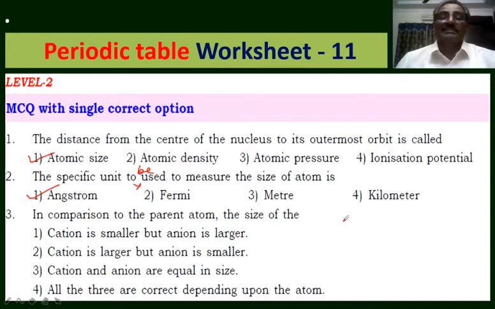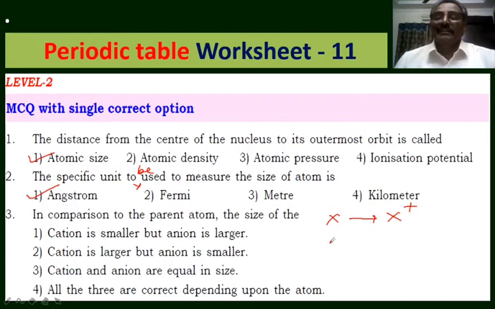So you know that when an atom X changes to a positively charged ion X plus, there will be no change in the nuclear charge, but the number of electrons decreases. That is, screening effect decreases. As a result, effective nuclear charge increases. So the attraction of the nucleus on the outer electron increases. So cation is smaller in size compared to the neutral atom.